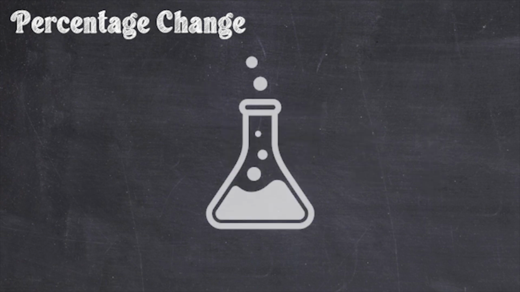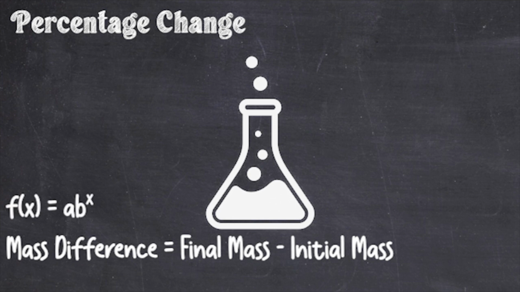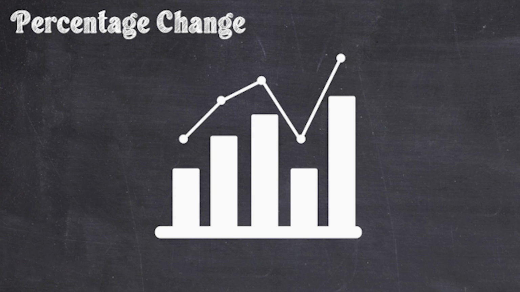In chemistry, percentage increase in the mass of a chemical compound can be calculated, and we can determine the percentage decay of the mass of a radioactive substance over a period of time. In elections, the percentage of people preferring one candidate over the other is useful to check if one candidate is significantly more popular than another. For studying statistical data, the percentage increase is a very common way of measuring growth.